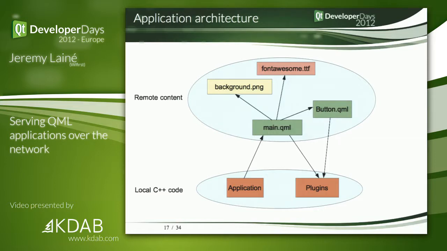This QML file is probably going to be using the C++ plugins which you wrote, so that's something which is local. It's probably going to be loading other QML files and images and possibly also fonts. So this is the breakdown of the application.